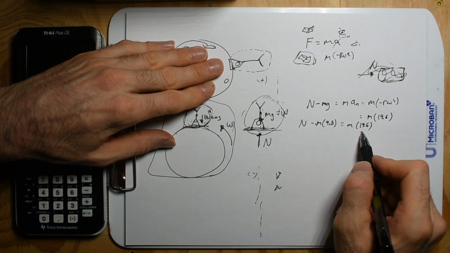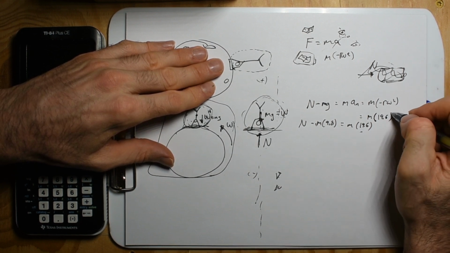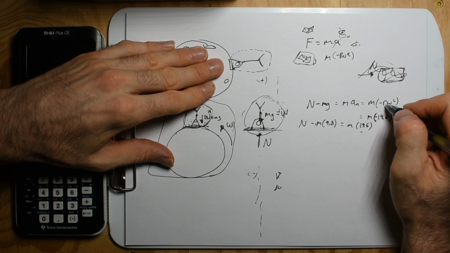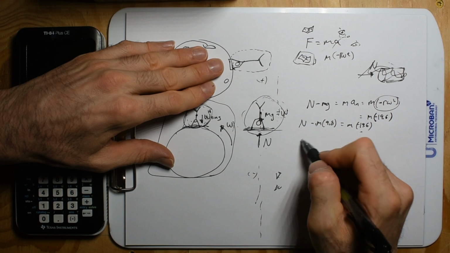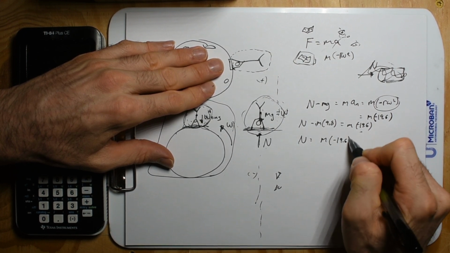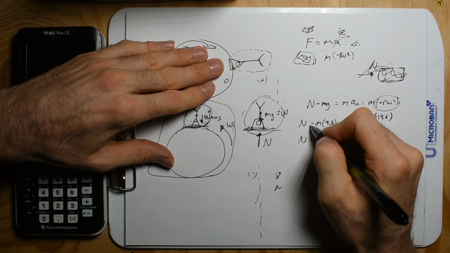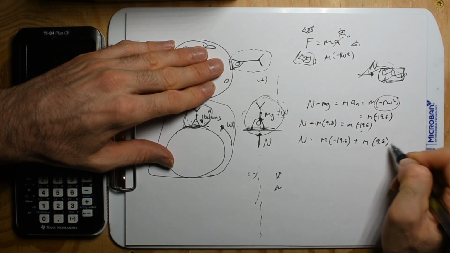Cool. So we're going to bring that. My bad, this is negative. This will be a negative number. And then we'll have normal force is equal to m times negative 19.6 plus, because the sign changes, mass times 9.8.